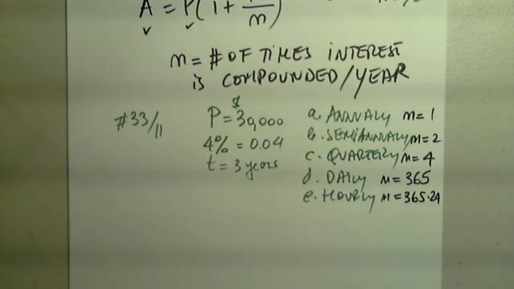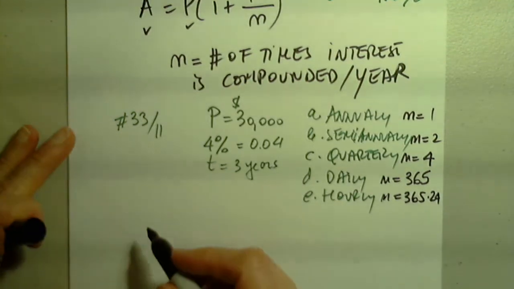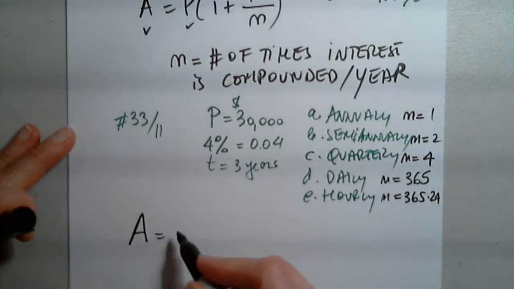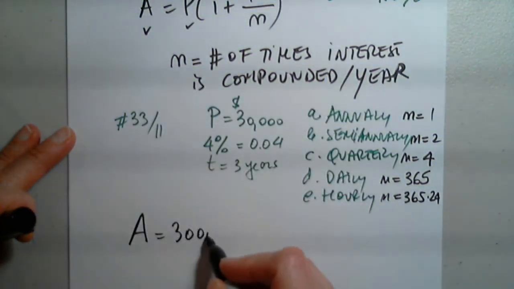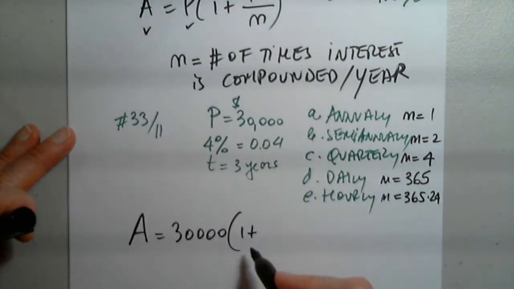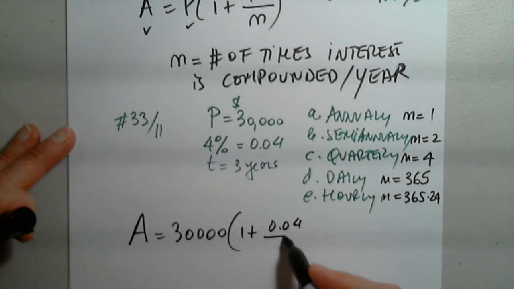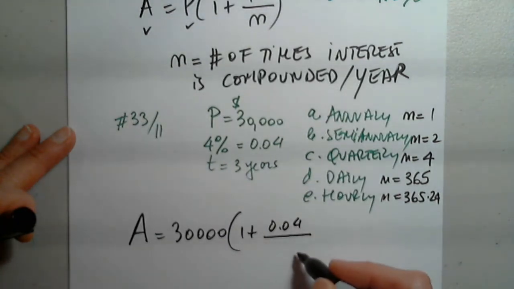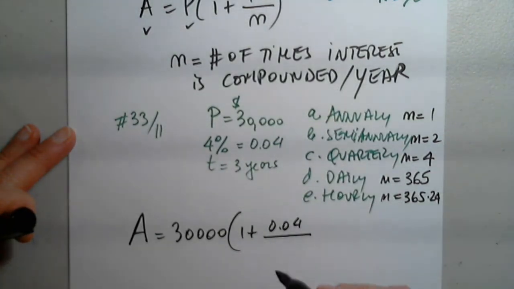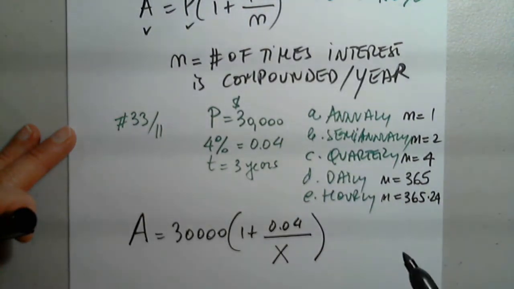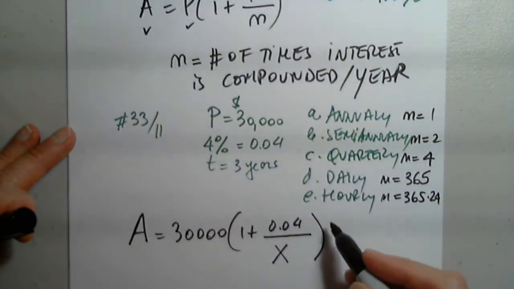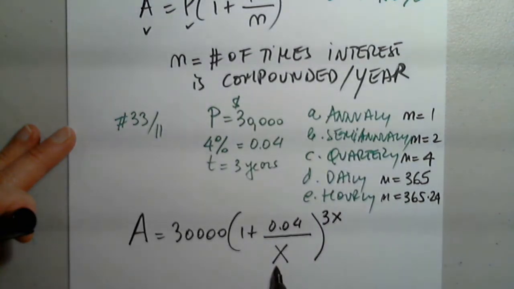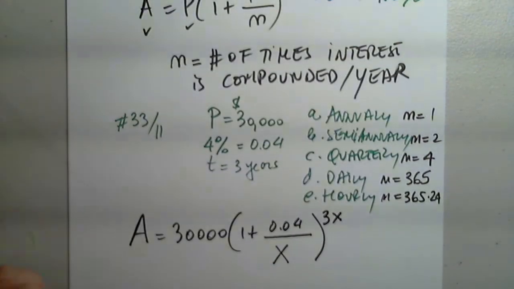So here's what we're going to do. We are going to create this function. We're going to write A equals the principal, 30,000, times (1 plus the interest rate, 0.04, divided by N), raised to 3 times N. Yes, it's N, but in the calculator I don't have N, so I'm going to write X. So this should be N, this should be N, but I'm just making a point.